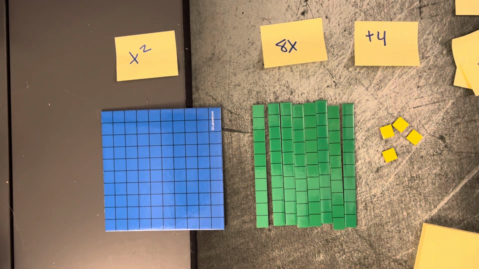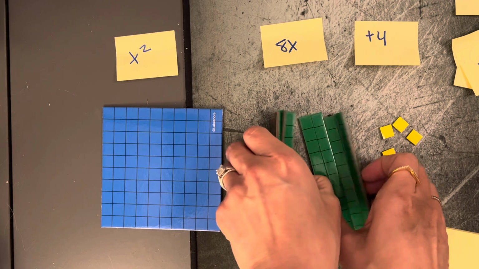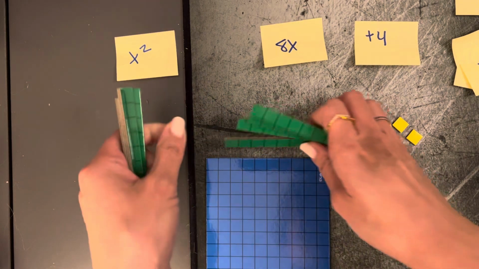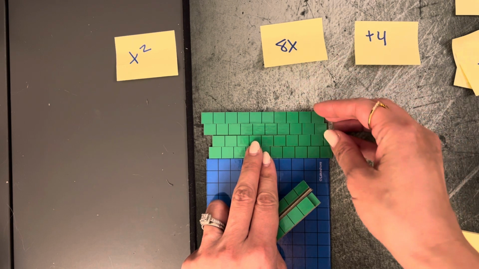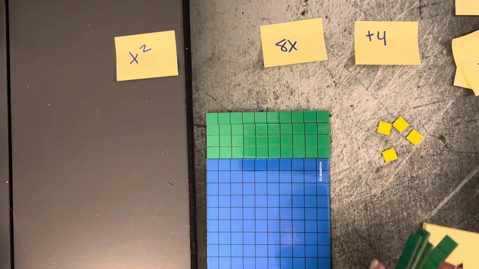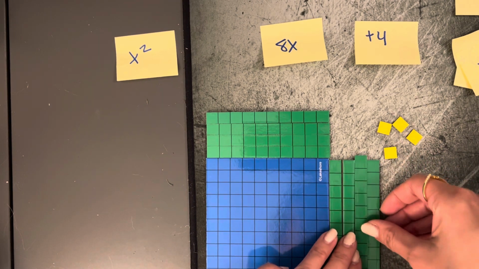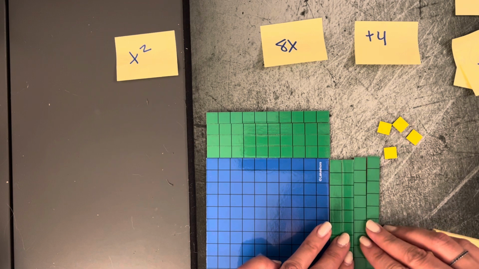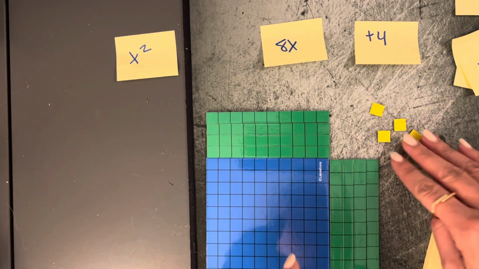Okay, so let's go ahead and make our larger square, right? We're going to split these in half and put them on either side of our square to make this larger square. Okay, so we're trying to make a nice perfect square. So I'm putting these in here. And then we say, okay, well, we need to fill in this corner space to make this a perfect square. But I only have 4 of these.